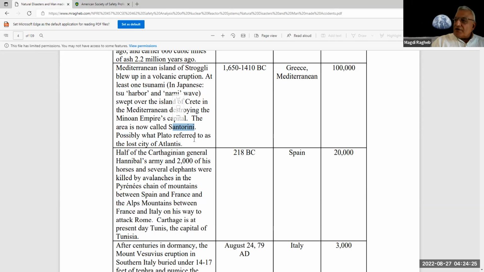And Plato, as you know, the Greek philosopher, may have referred to it as Atlantis, the city of Atlantis. This happened from 1650 to 1410 BC in the Mediterranean area, and it caused the death of a whole population of that area of Santorini. 100,000 people died in that case.